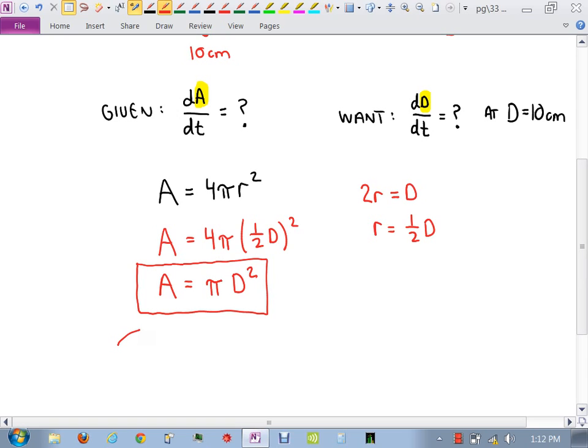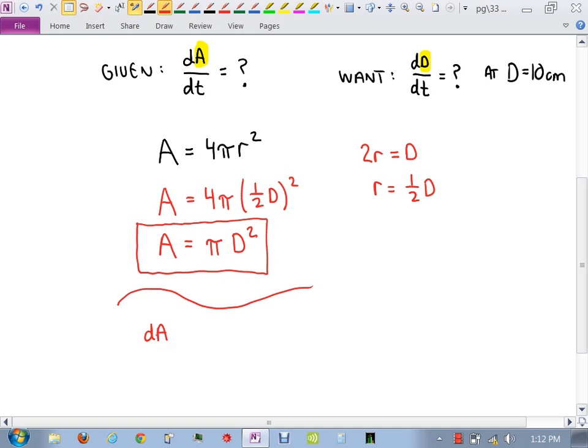Remember, the order that we do that in is important. You don't stop the snowball from melting and then say how fast is it changing. You take the derivative, treating the diameter like a variable, and then after you find the derivative, you stop it and plug in 10 for D. So what is the derivative of this?